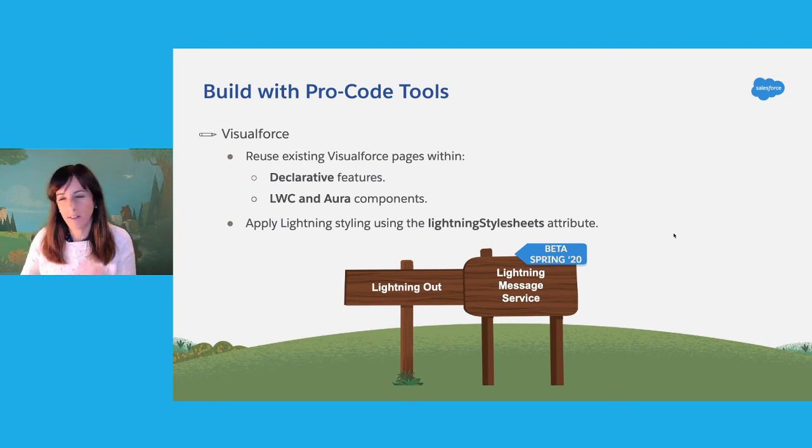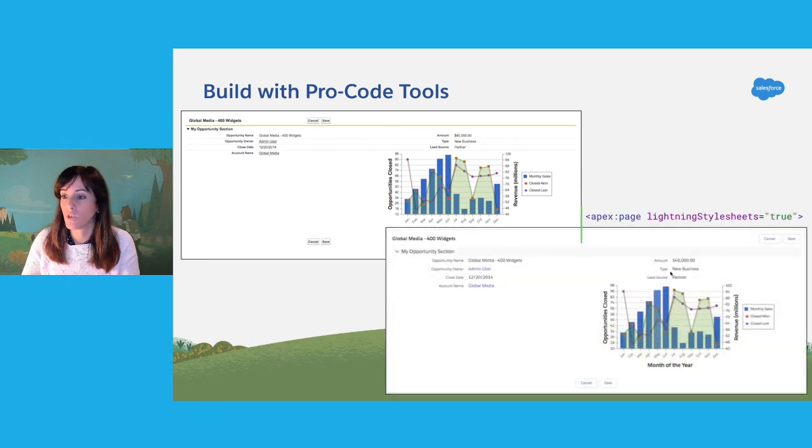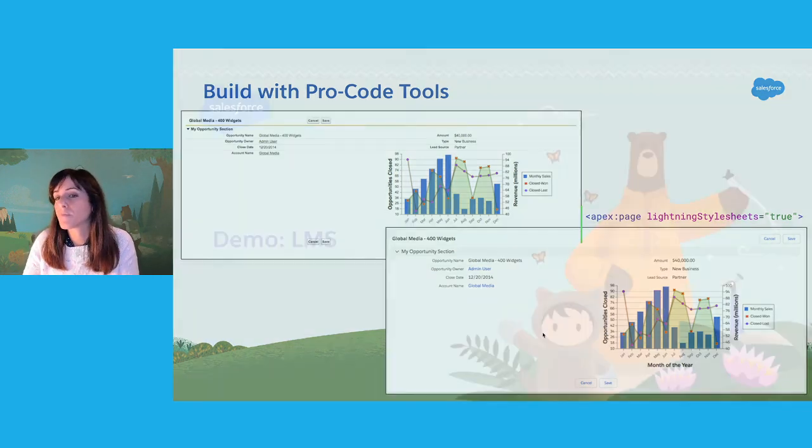It's not going to be the full styling, because the components are kind of different, but it's going to look much nicer. So for example, if you have a Visualforce page like this and you apply the lightningStylesheets attribute, you are going to end up having something like this, which is much nicer, right?